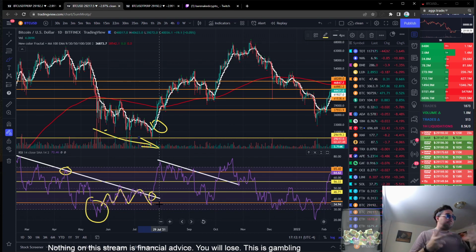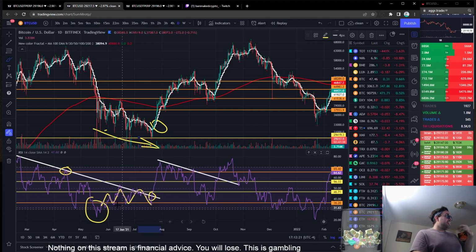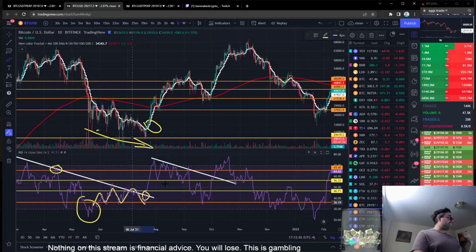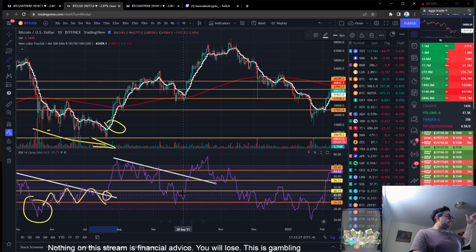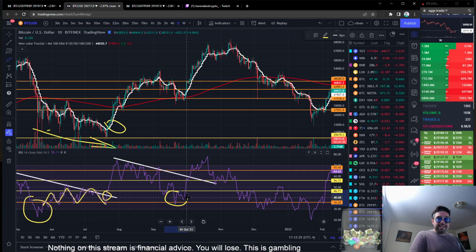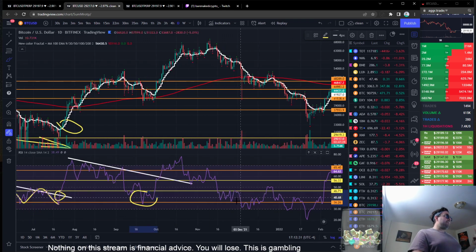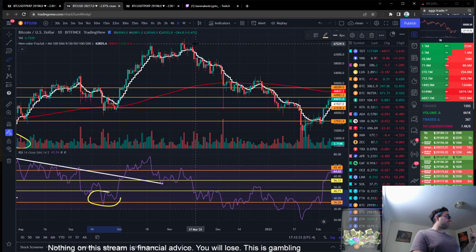So just like on the 4-hour, there is a tiny bit of bullishness, even though it's bearish because it's at 36 RSI. Back then it was finding support at 36 after cracking that. And what happened in September 2021? 36 RSI again.